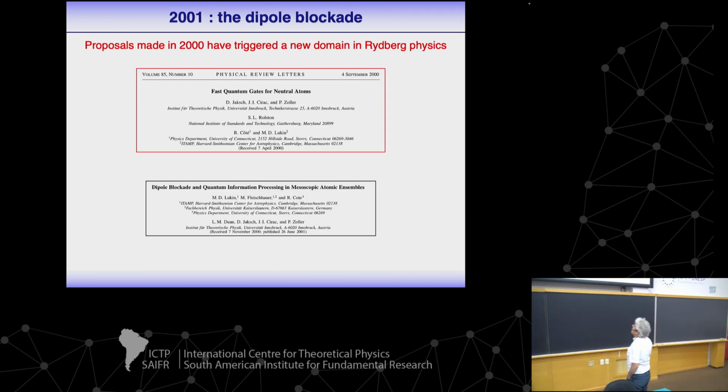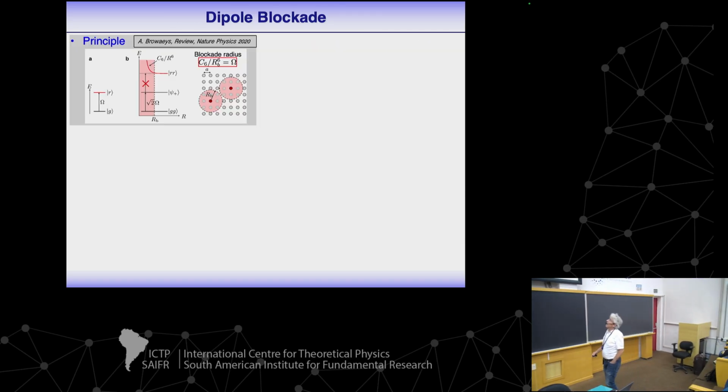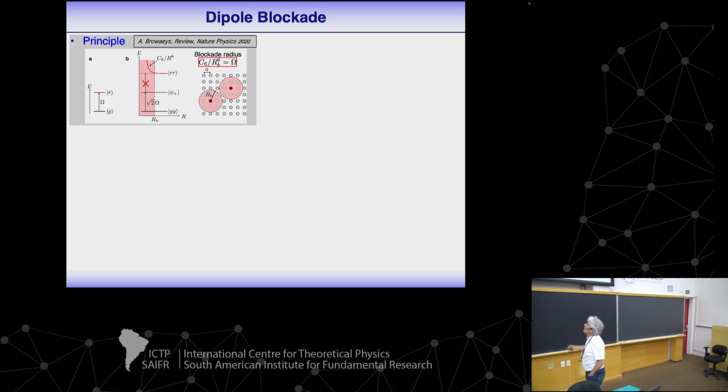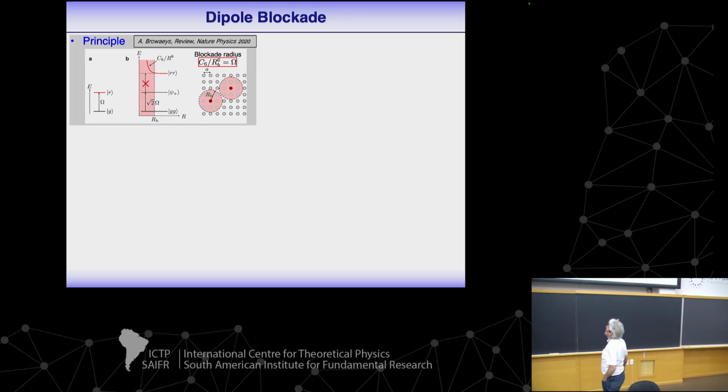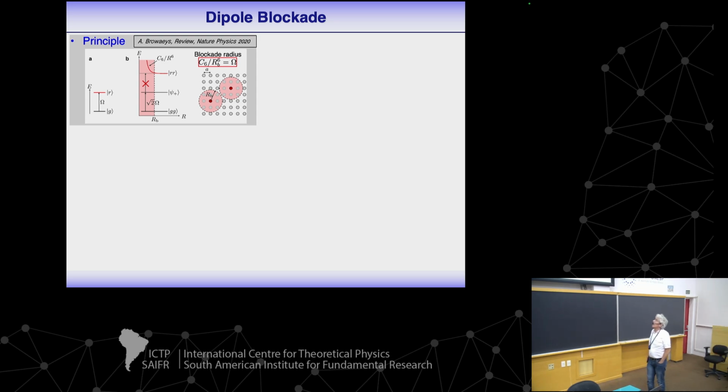This dipole blockade was introduced in 2 papers, which are listed there. And you can see the principle of dipole blockade depicted on this drawing. You have a 2-level system. G is the ground state, R is a Rydberg state. You assume you have some Rabi frequency, either a 1 or 2 photon Rabi coupling between these 2 states.